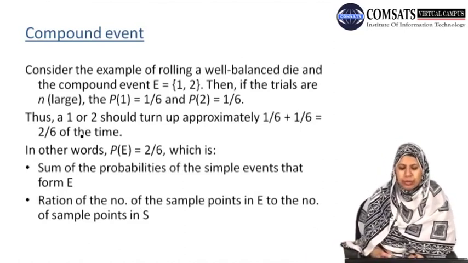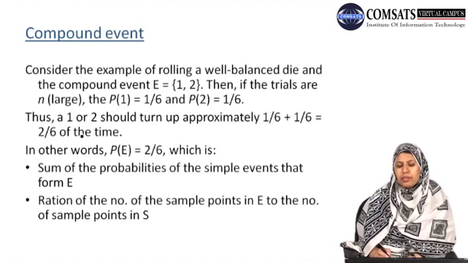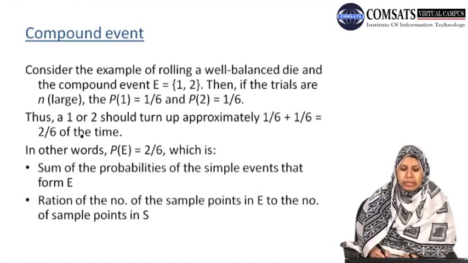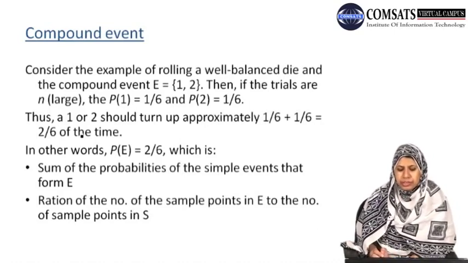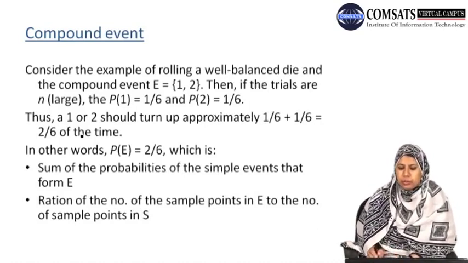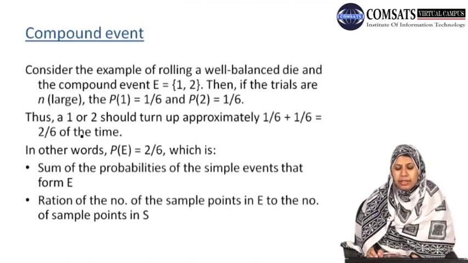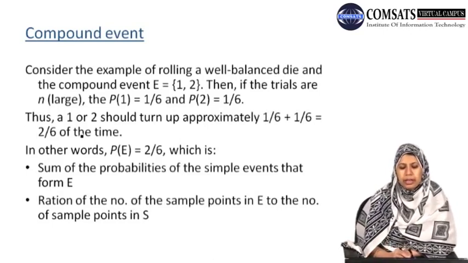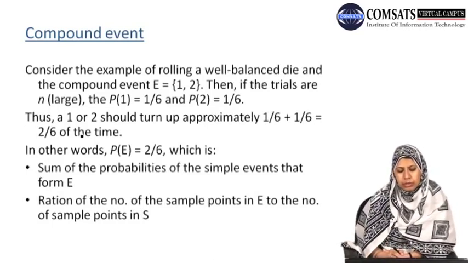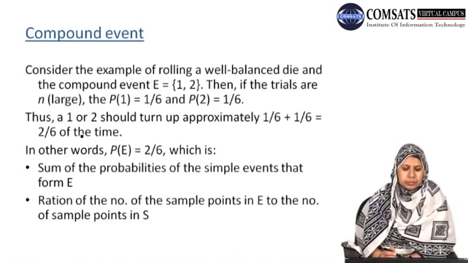What are the outcomes of our event E? That is, either we obtain a 1 or we obtain a 2. So a 1 comes, which is equal to 1 by 6, or a 2 comes, which is equal to again 1 by 6. Adding the probability of these simple events, we obtain that the probability of the event that a 1 comes or a 2 comes is 2 by 6.